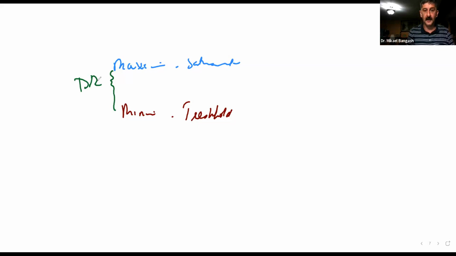And the unit that this dynamic range is expressed with is bels or decibels. Did you guys get that? Yeah.